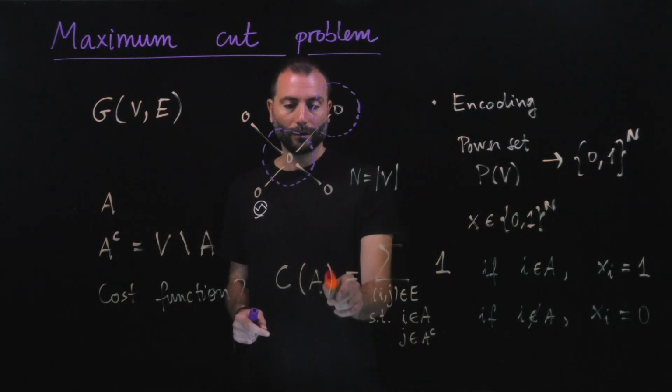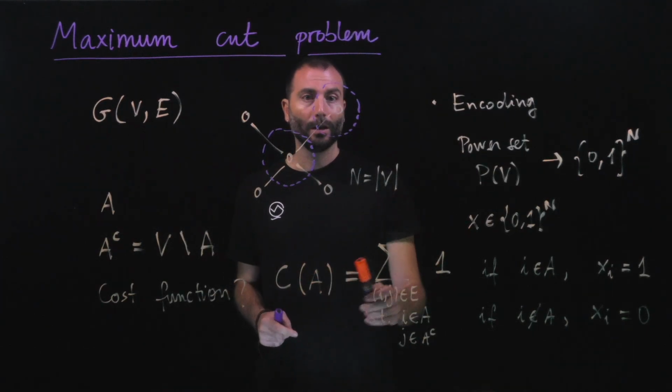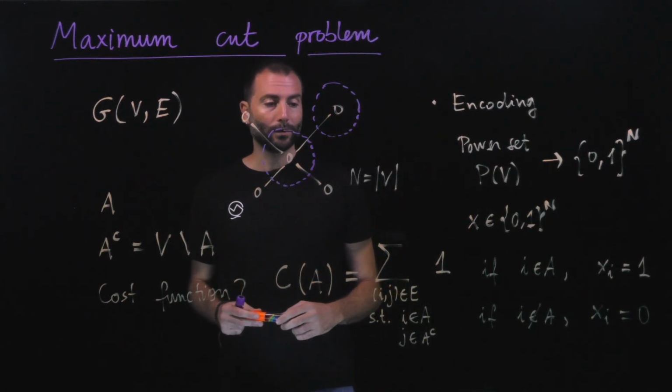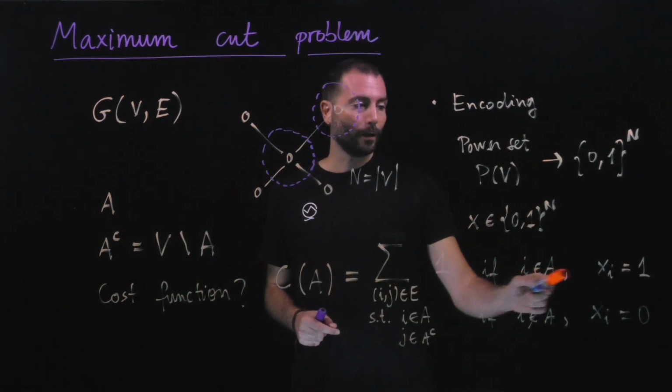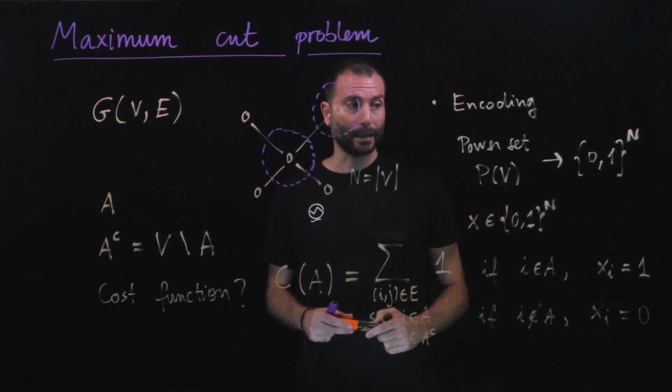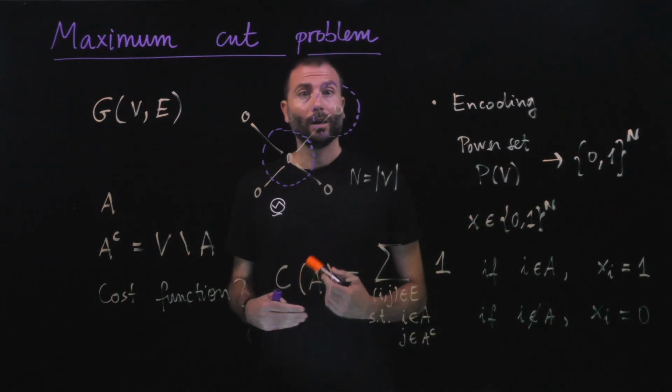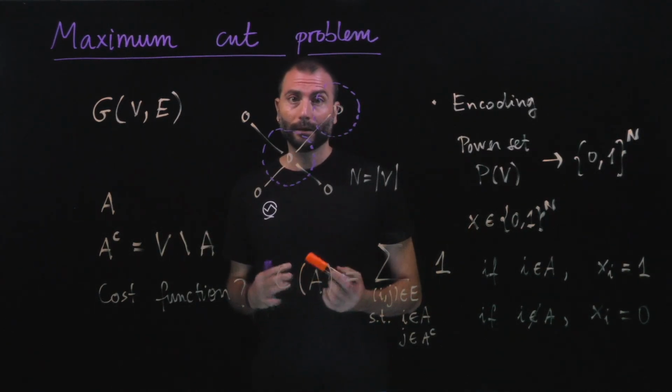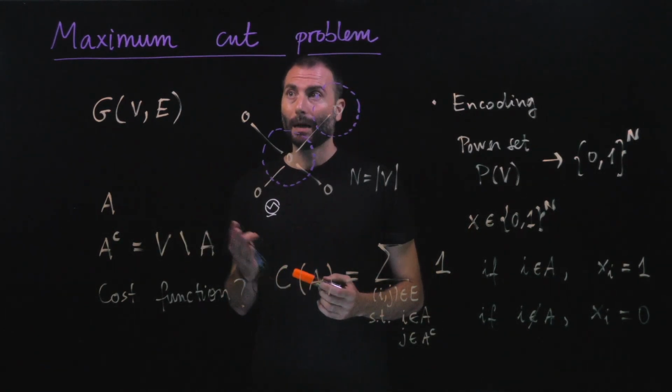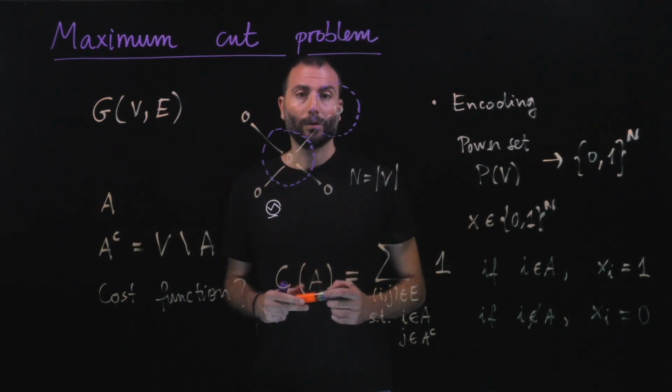Because the function of a subset A is given by this function. So we have to write this cost function in terms of the bit strings X. And in such a way, we will be able to formulate our max cut problem as a QUBO problem.